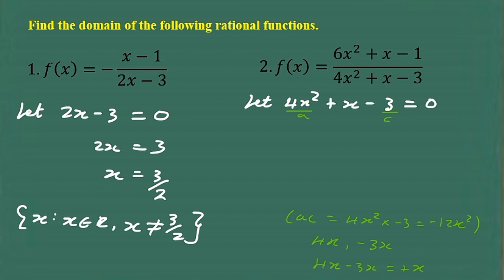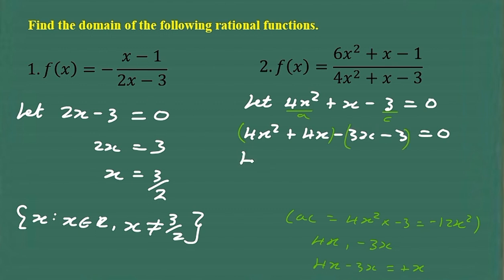Minus 12x squared. So we are going to have here 4x squared plus 4x minus 3x minus 3 equals 0. Now I'm going to factor things out by grouping.